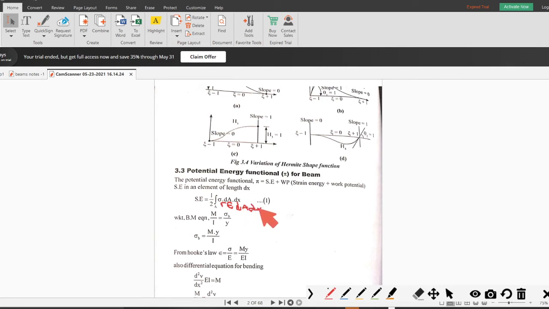Therefore, we need to find the value of sigma and the value of strain. Sigma we got as My by I, and strain we got as My by EI.